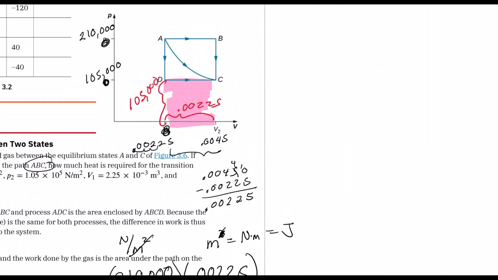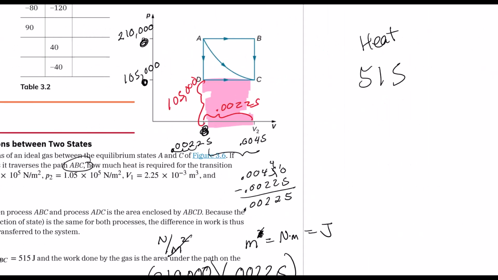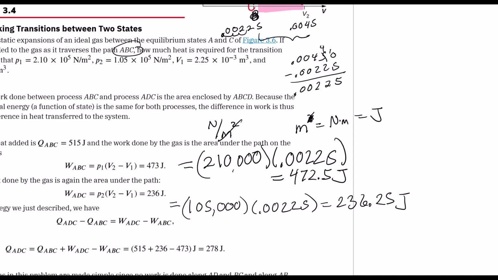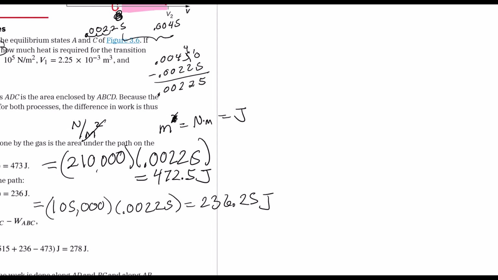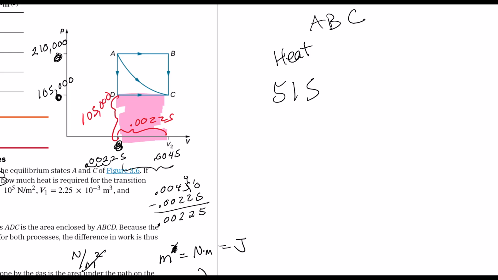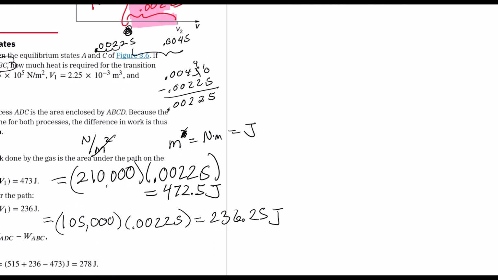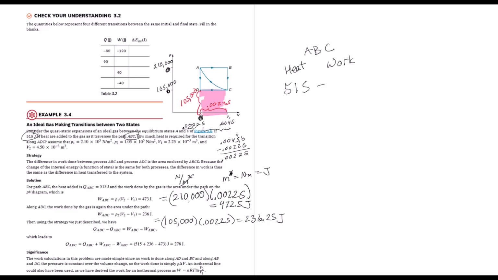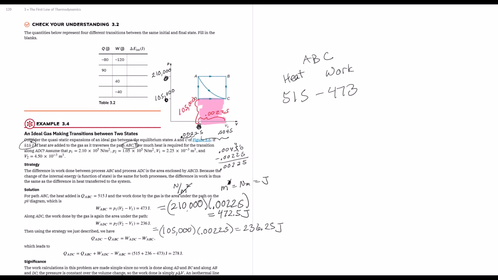We know that 515 of heat is required along ABC, which is how much is added to do ABC, and it also takes 473 work.